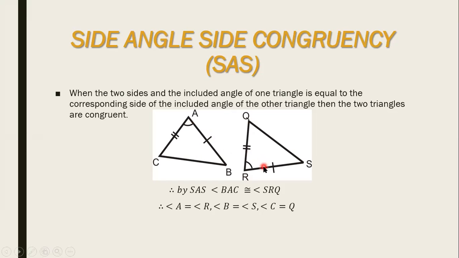Angle A equals angle R. So by SAS, angle BAC is congruent to angle R. Then angle B equals angle S, then angle C equals angle Q. So like this, two sides and one angle it will be. Then we can say here SAS congruency criteria.